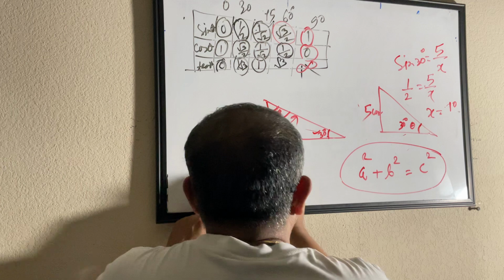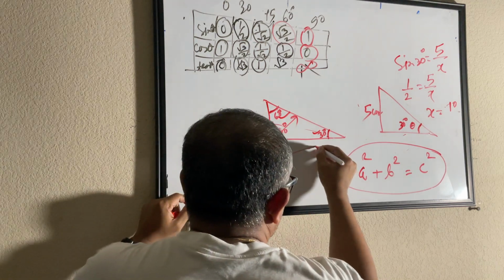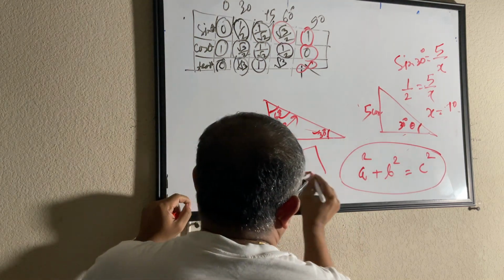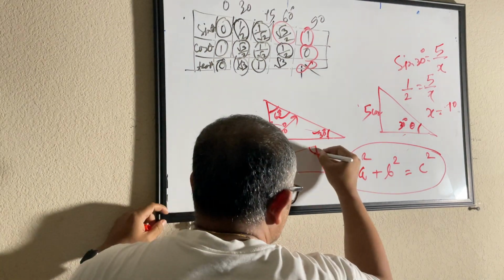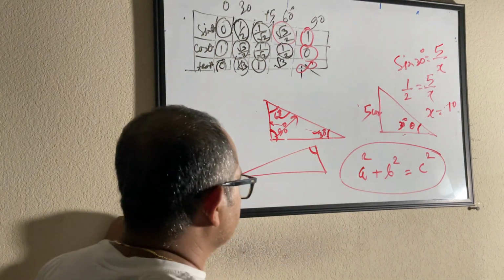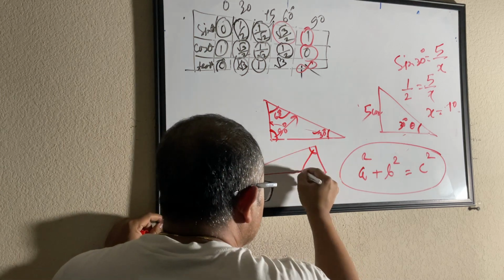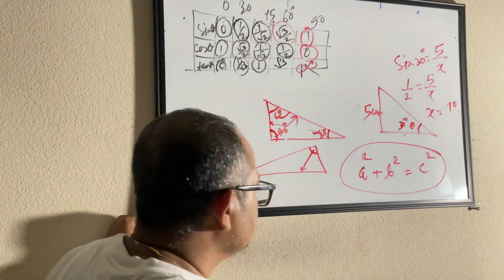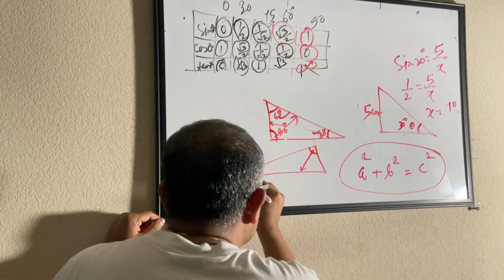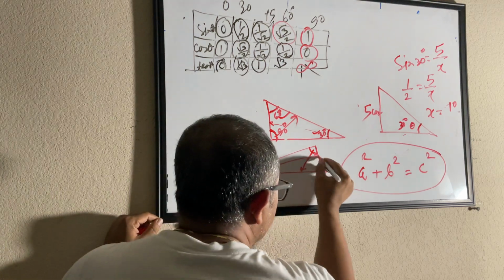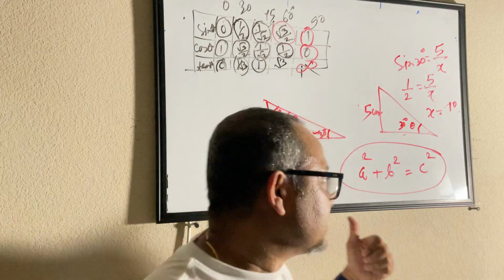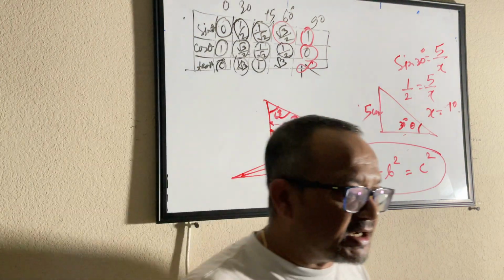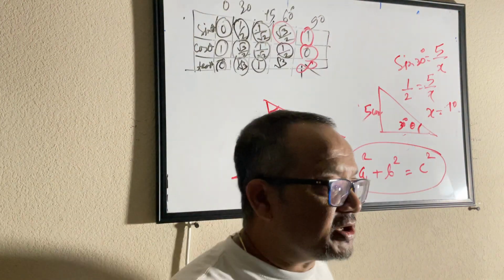Pick up any triangle for that matter, not only a right angle triangle. What you see is this is probably the largest of the three angles, and you will find that this side is the largest of all. If this is the smallest angle, you can straight away see that the side opposite to that is smallest. So it establishes the relationship between the side and the angle in the form of trigonometric ratios.